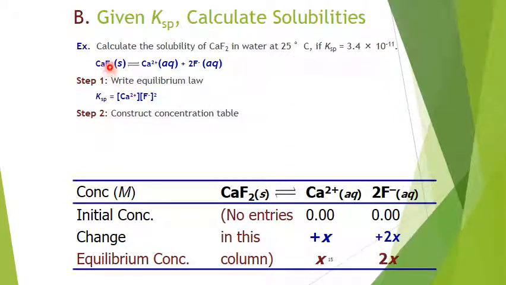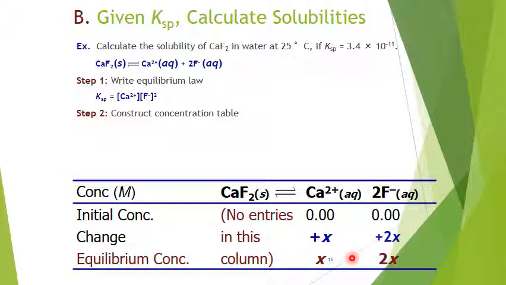So you have calcium fluoride, CaF2, which yields Ca2+ plus 2F minus. Now this is the thing that changes here. The equilibrium expression is Ca2+ times F minus squared. And in the ICE table, for every calcium that's made, you're making 2 fluorides.